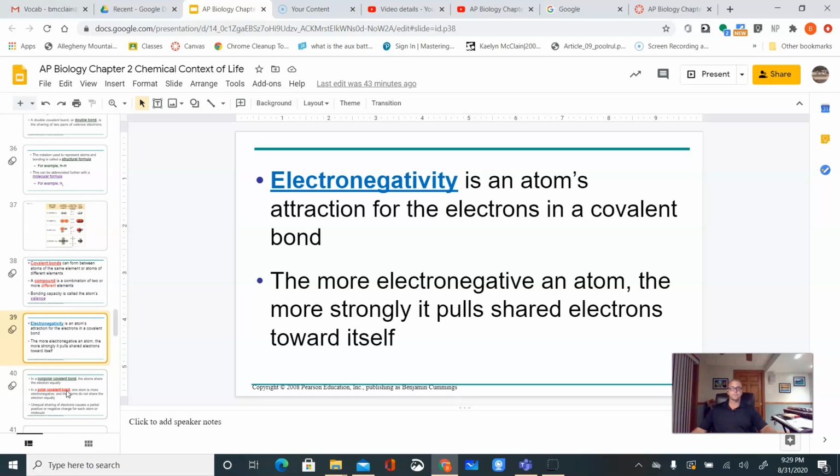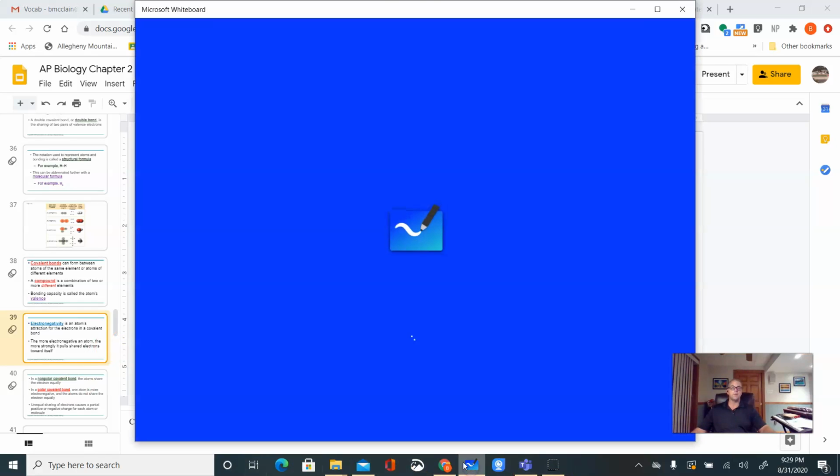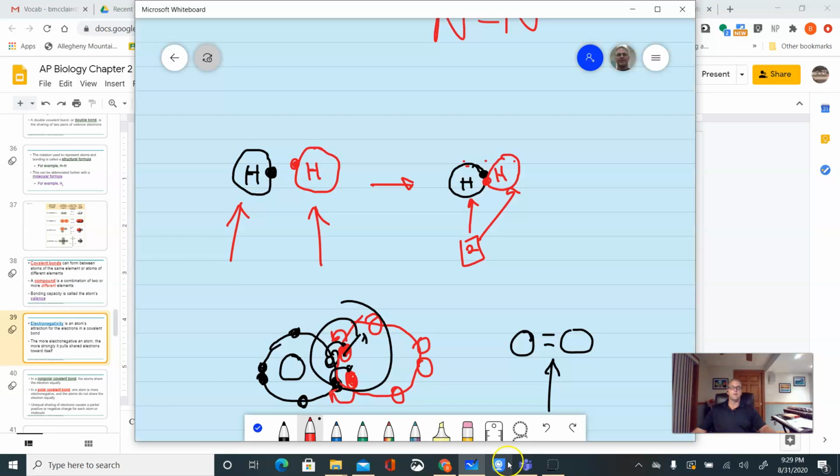So if they're an element that has 5, 6, or 7 valence electrons, they have a tendency to have a stronger pull for those electrons. If you look at something that has 1, 2, or 3 under most circumstances, they have a lesser affinity and electronegativity.